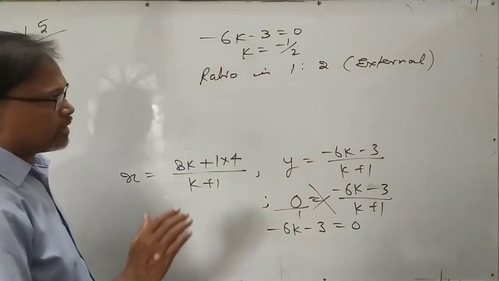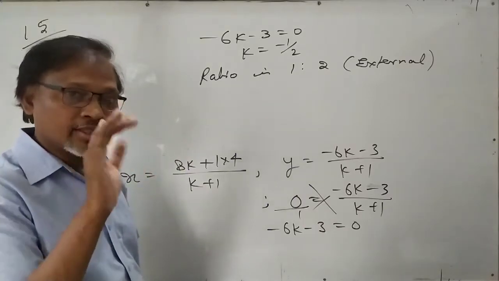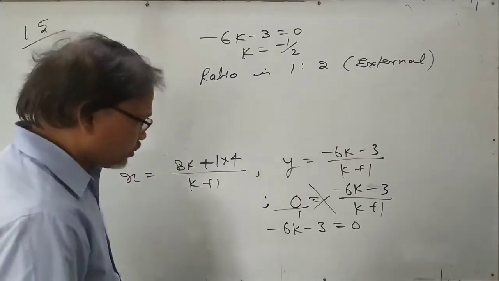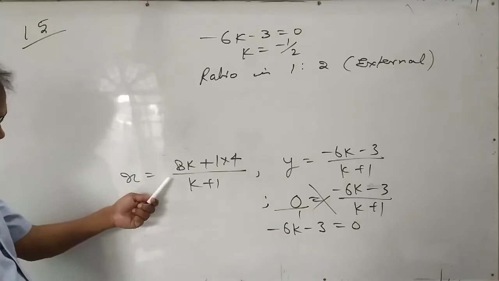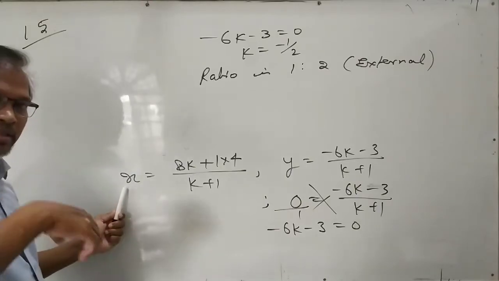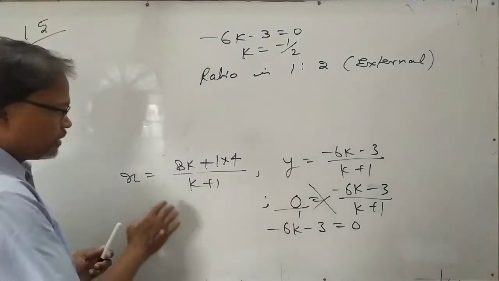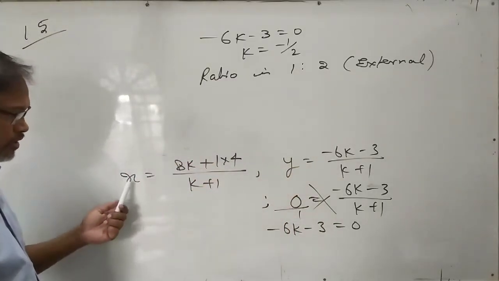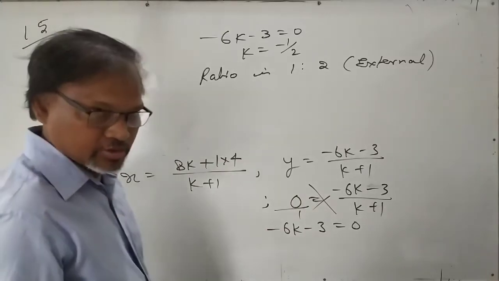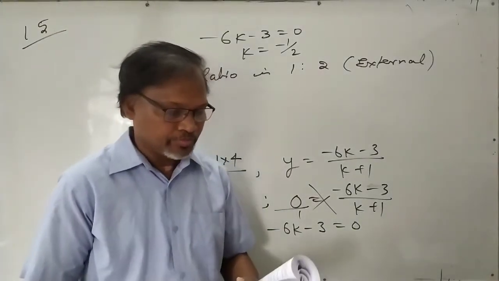Now if the question asks to find the coordinates also, मतलब point P के coordinates, तो जो k की value निकली है उसको यहाँ रख दें तो x की value निकल आएगी. And then you will get the value of x and y is already 0. So x comma 0. By this way you can find it.